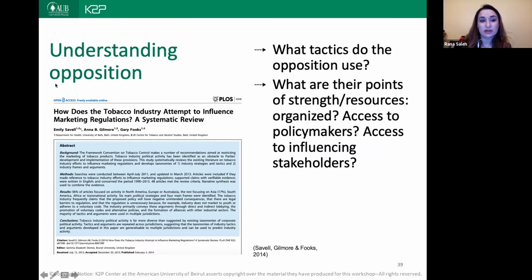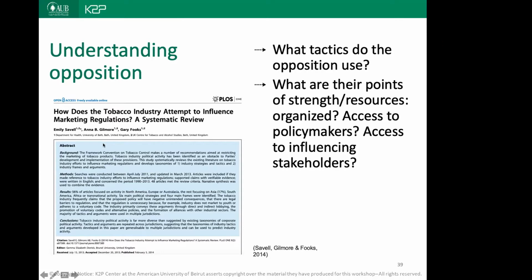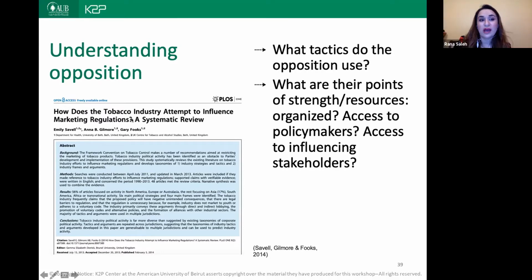However, this is an article that we really suggest that you go through. It will provide you with a taxonomy of the different tactics and different framings oppositions usually use. This framework has been tested on issues such as tobacco advocacy, alcohol, and also the food industry.